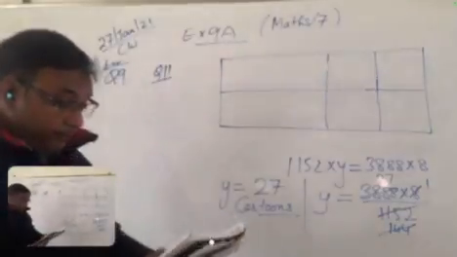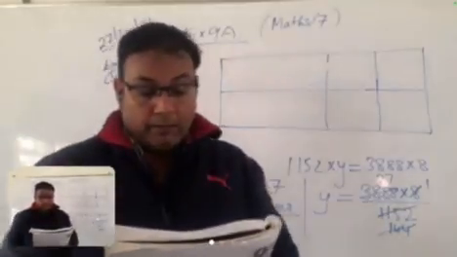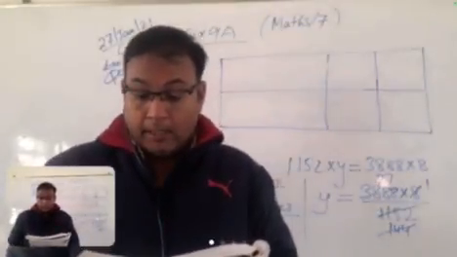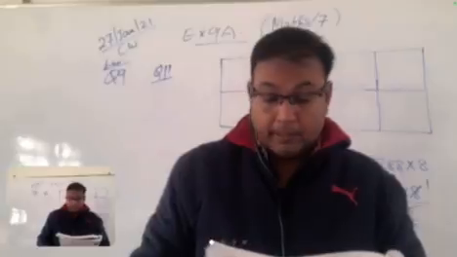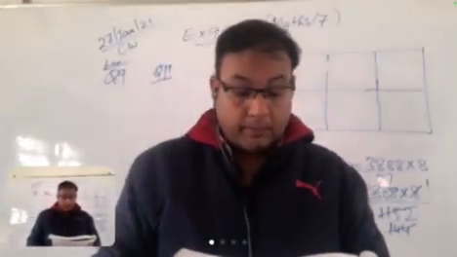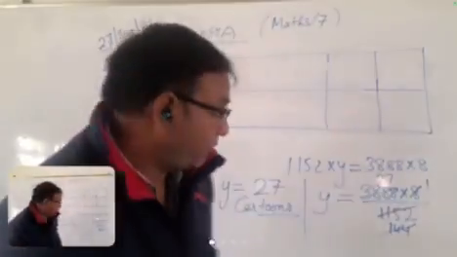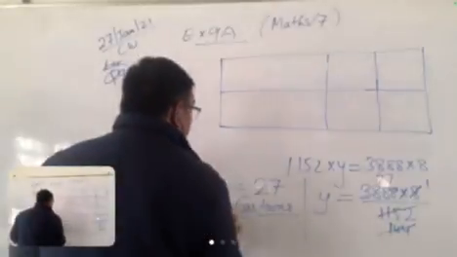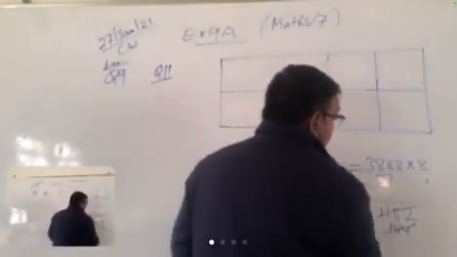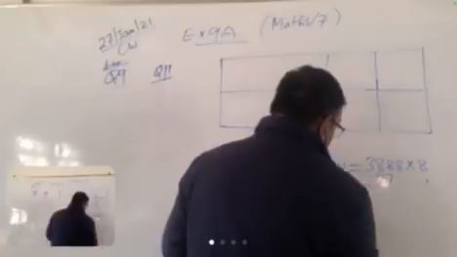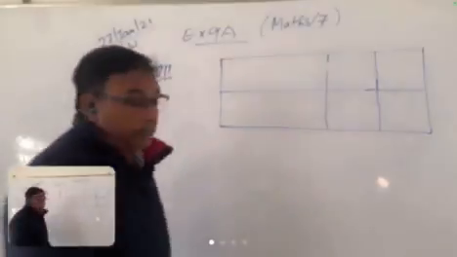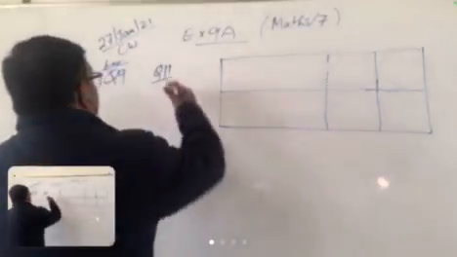Question number 11. If the thickness of a pile of 16 cardboard is 44 mm, how many cardboard will be there in a pile of 71.5 centimeter thick? Question number 11.